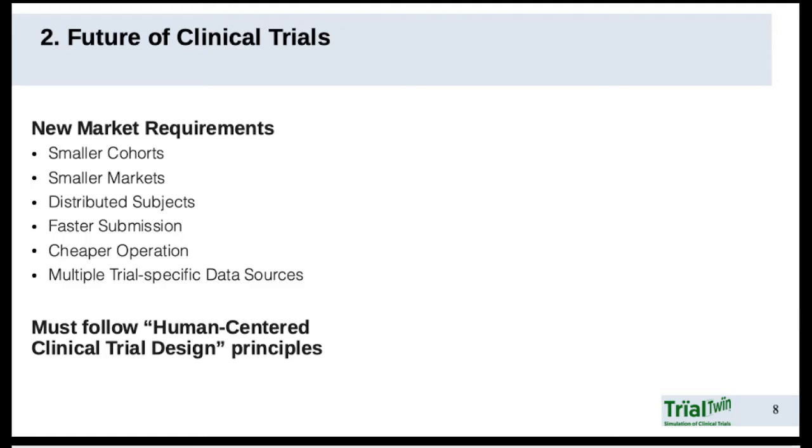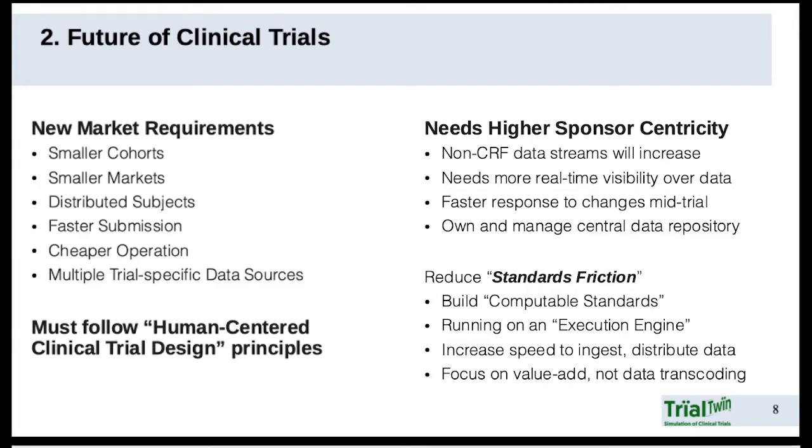Again, COVID changed a lot of the expectations from the market as well as regulators, the need for cheaper operation, and also an explosion in multiple trial-specific data sources. Overall, we see that clinical trials going forward must follow a human-centered clinical trial design principle. At the same time, we see the need for higher sponsor centricity.